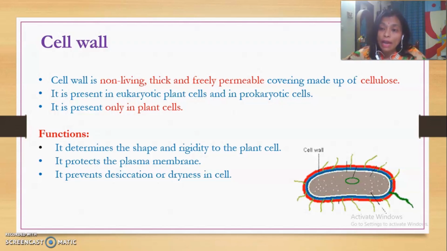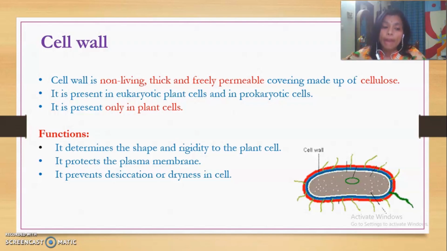Another major thing which you have to remember is that cell wall is present only in case of plant cells. It is absent in animal cell. However, it is present both in eukaryotic and prokaryotic cells.